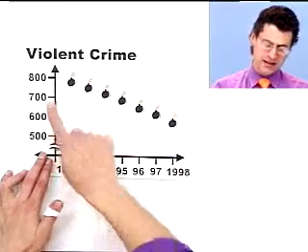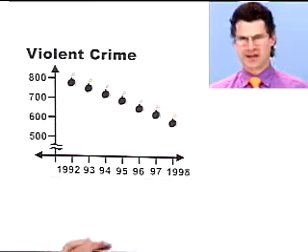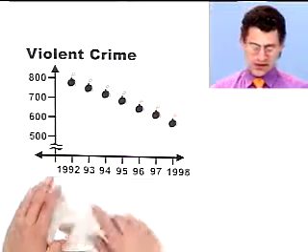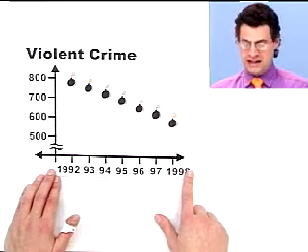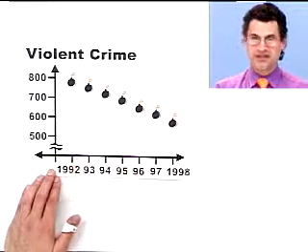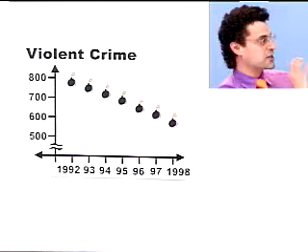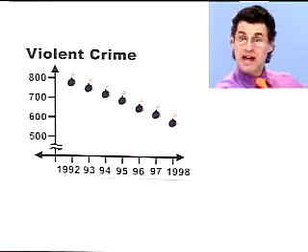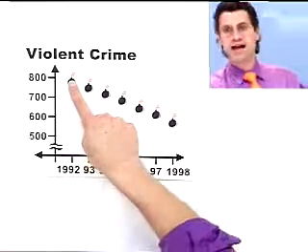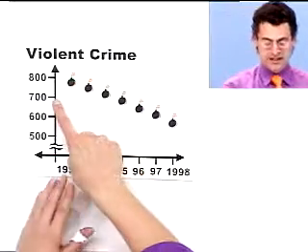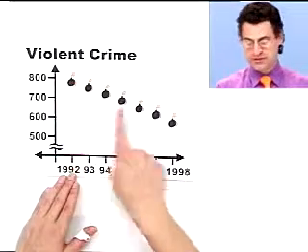This, I think, is the number of violent crimes per 100,000, and these are obviously the years. There's the actual raw data that we were given, and I've just plotted each one. So for example, for 1992, I plotted the value that you see there right here. You can see it's between 700 and 800 and so forth.